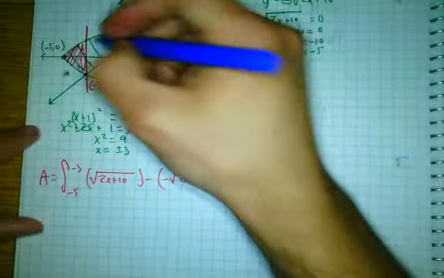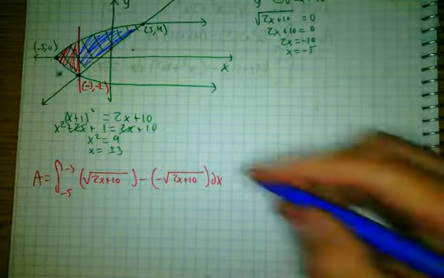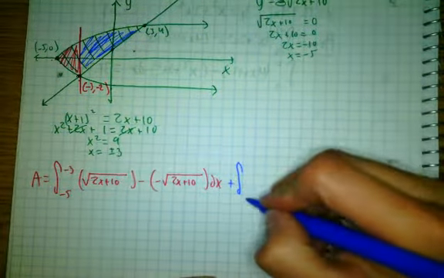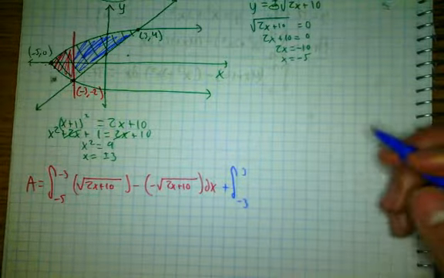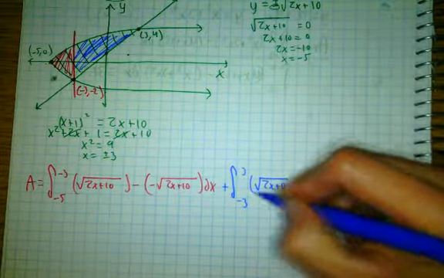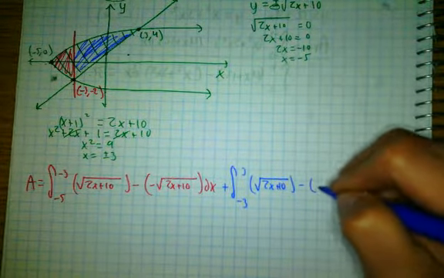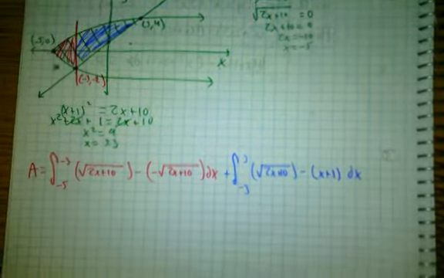Now, what's going to get us the area in the blue? So plus the integral of what? Negative 3 to 3 of what? Square root of 2x + 10 minus (x + 1) dx.